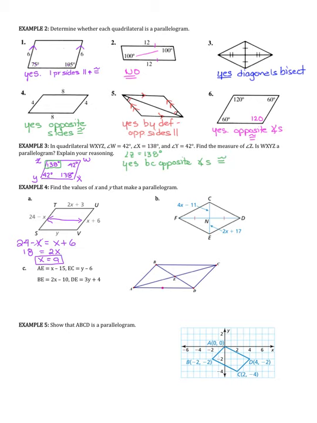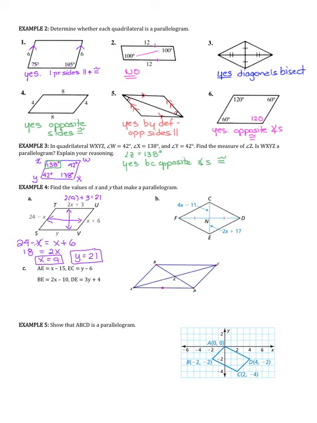And once I know that x is 9, so 2 times 9 plus 3, that's 18, 19, 20, 21. So we know that y will equal 21, so that we have opposite sides congruent. All right?